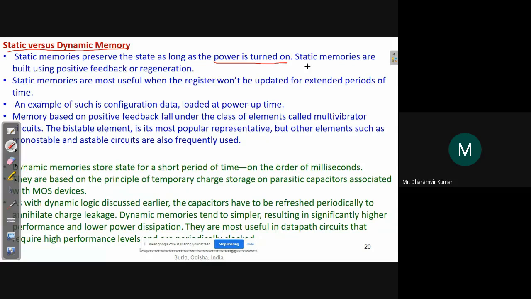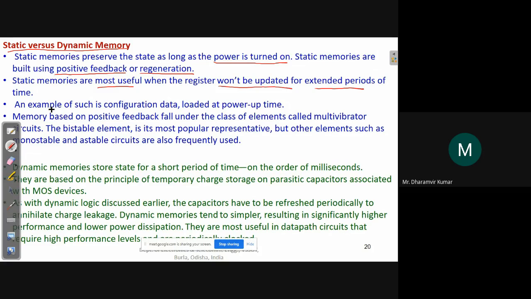The concept behind these static memories is that they are built using the positive feedback concept, also called regeneration. They are most useful when the register need not be updated for extended periods of time. In these conditions, static memories are most useful to build.